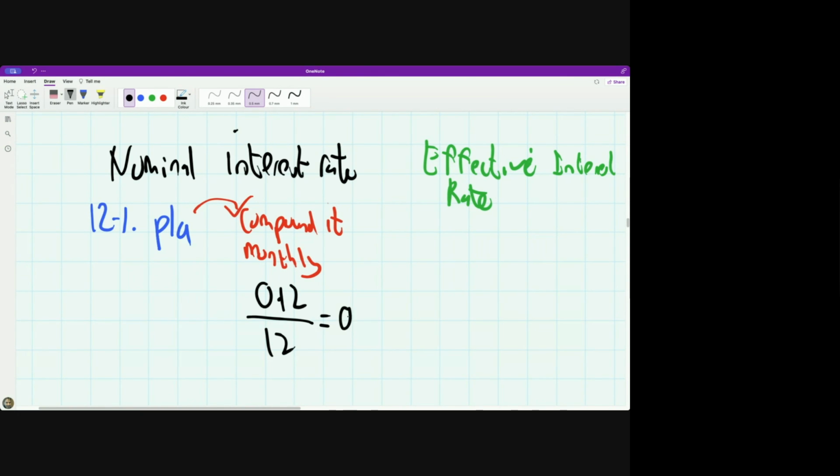So you're saying you're getting a 1% interest rate per month, and you're compounding it every month. And so that's how the nominal interest rate actually has a different effective interest rate, because if you chop your rate into smaller pieces, you get interest on interest.